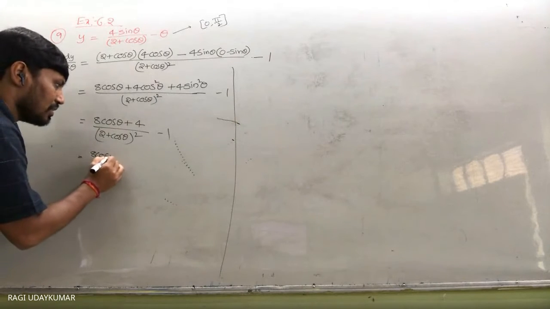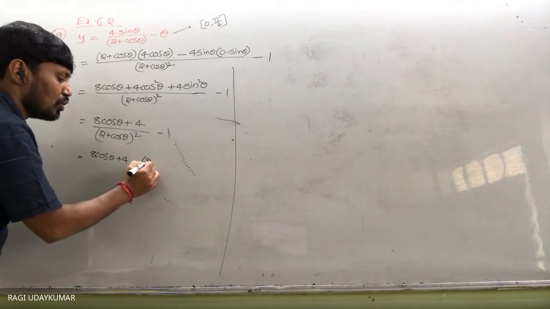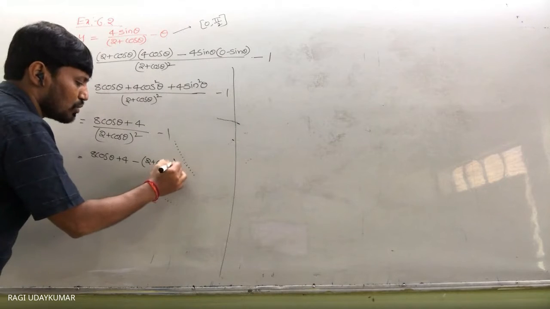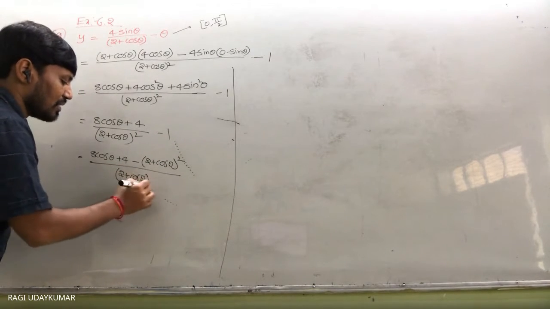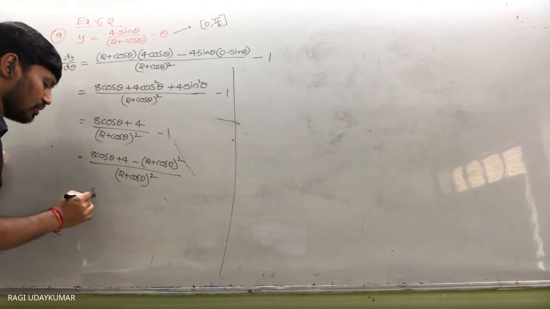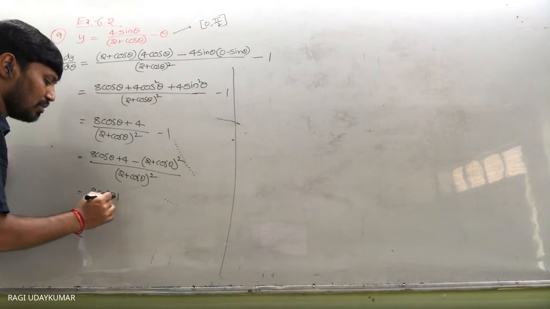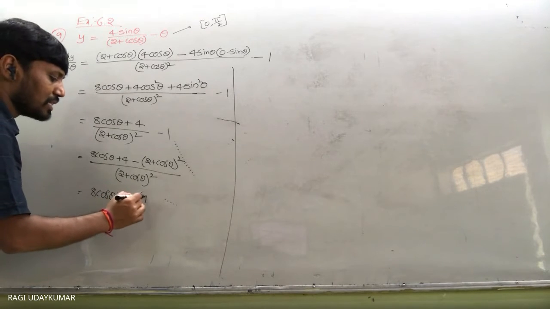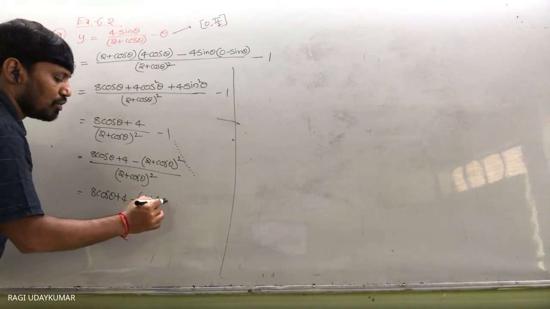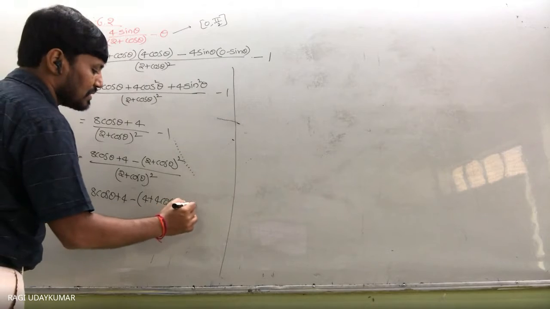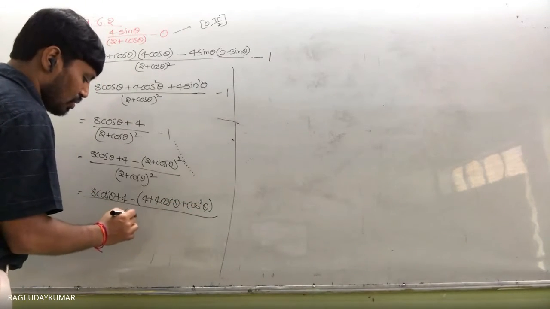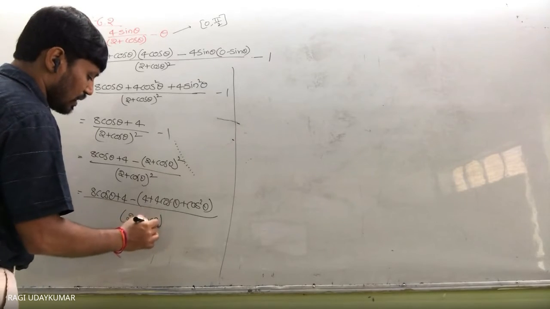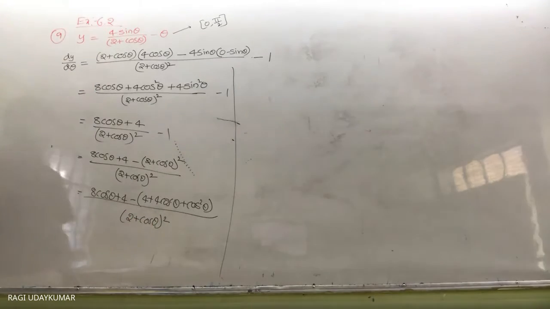8 cos theta plus 4 minus (2 plus cos theta) whole square, divided by (2 plus cos theta) whole square. This is equals to 8 cos theta plus 4 minus, in the brackets, 4 plus 4 cos theta plus cos square theta, divided by (2 plus cos theta) whole square. इसको simplify.